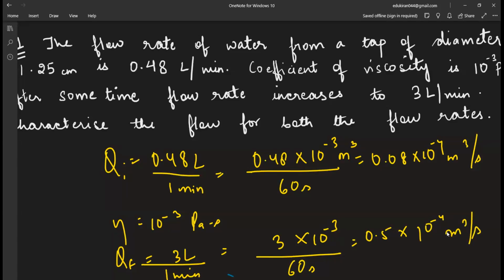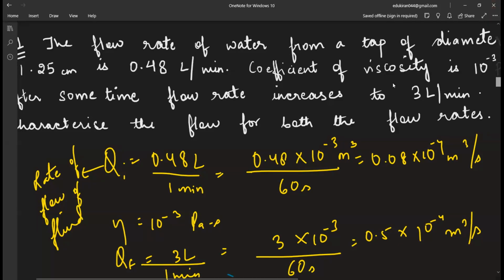Now we have to characterize the rate of flow. Ma'am, what is Q? Q is the rate of flow of fluid. You represent it by the symbol Q. Let me tell you this.